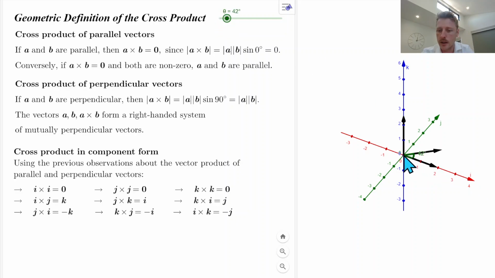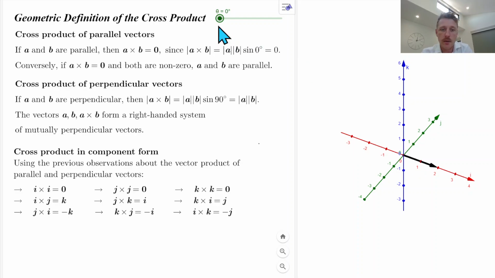We've got this vector A and this vector B. If they're parallel, then the angle between them is 0, and so we get sine of 0 when we compute the magnitude, which is equal to 0. So the magnitude is 0. Conversely, if A cross B is equal to 0 and both are non-zero, A and B are parallel. Basically, if the vectors are parallel, you get the zero vector as the cross product between them.